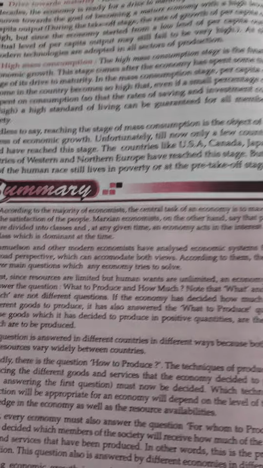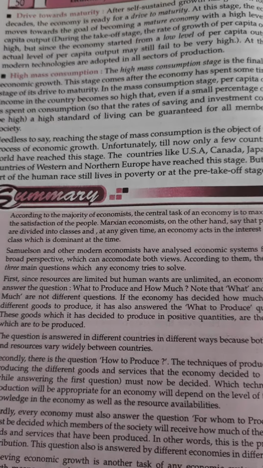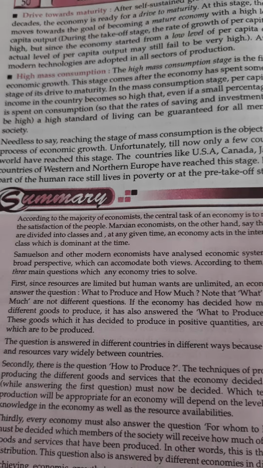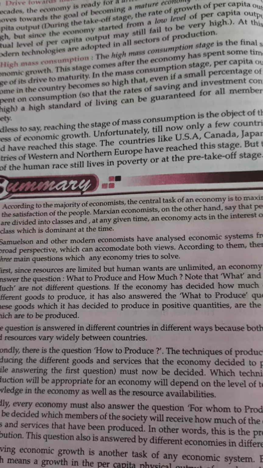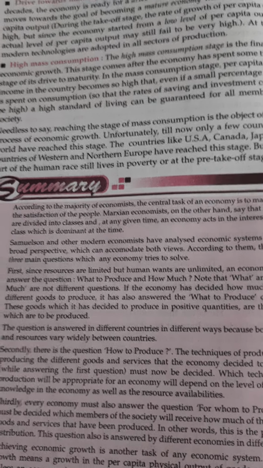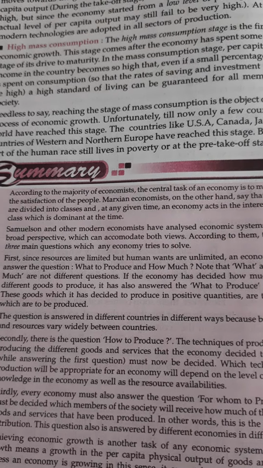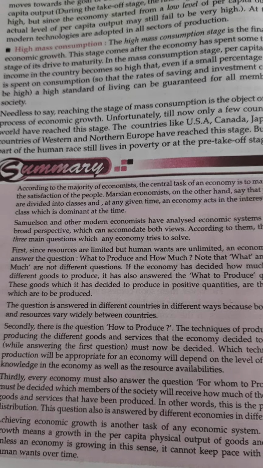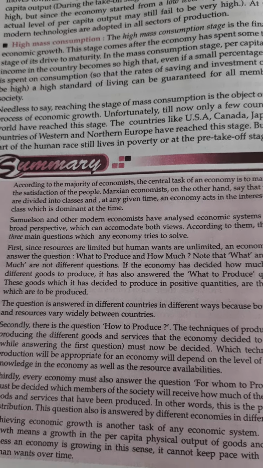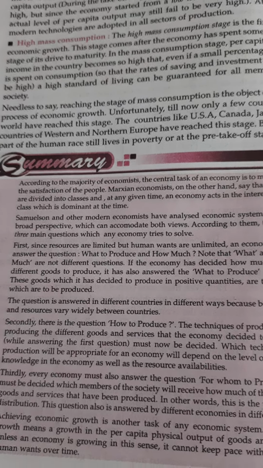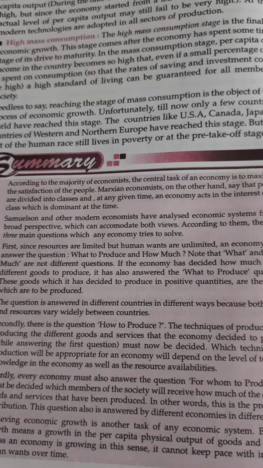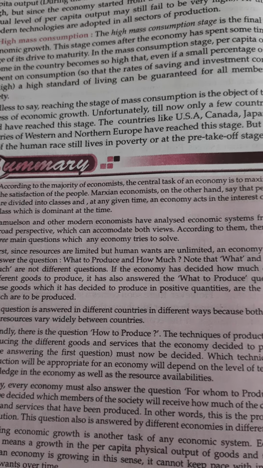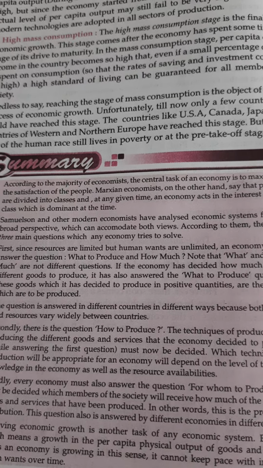If we talk about a country like India, we lack commodities because we don't have enough resources to fulfill all our needs. But in a high mass consumption society, they have so much that they can sustain themselves. On top of that, they have enough to distribute, export, and then enough to even throw away. Their supply is excessive.